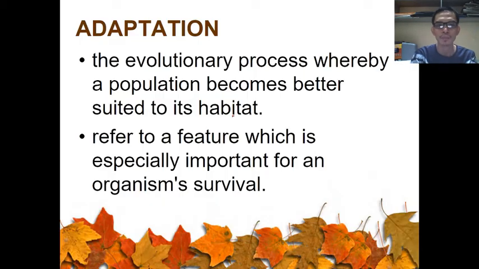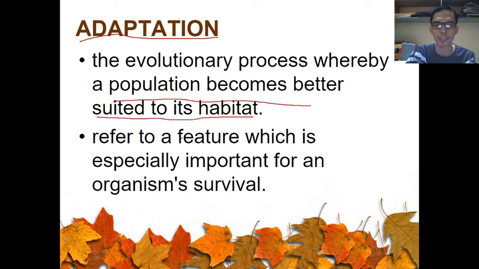Next one. In order to make natural selection possible, you need the organism to be adapted to that environment. So this is the process you need in order for natural selection to happen. Population becomes better suited to its habitat. That is adaptation. It refers to a feature which is especially important for an organism's survival.